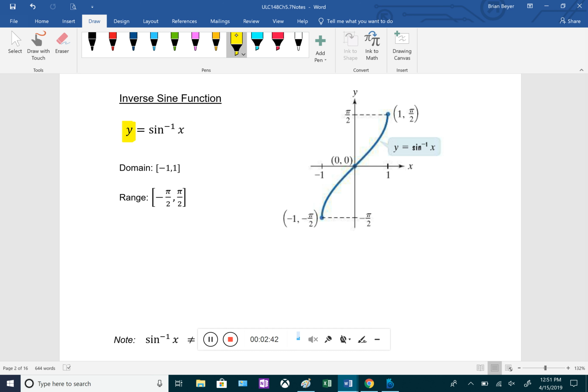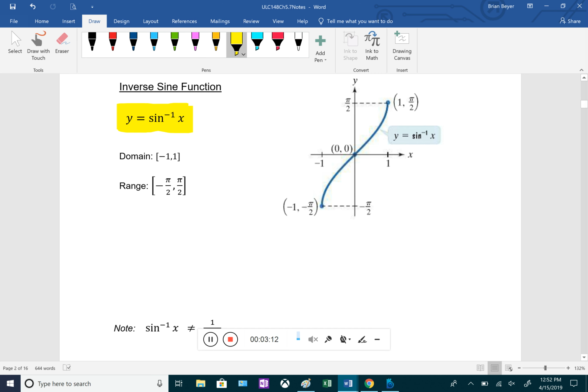The way that we write this for these inverse functions is y equals sine inverse of x. The little negative 1 superscript represents the inverse function. That is not an exponent of negative 1. It just represents the inverse function. Like I mentioned, the domain here is negative 1 to 1, and the range is negative pi over 2 to positive pi over 2, because that's the restricted domain of sine of x.